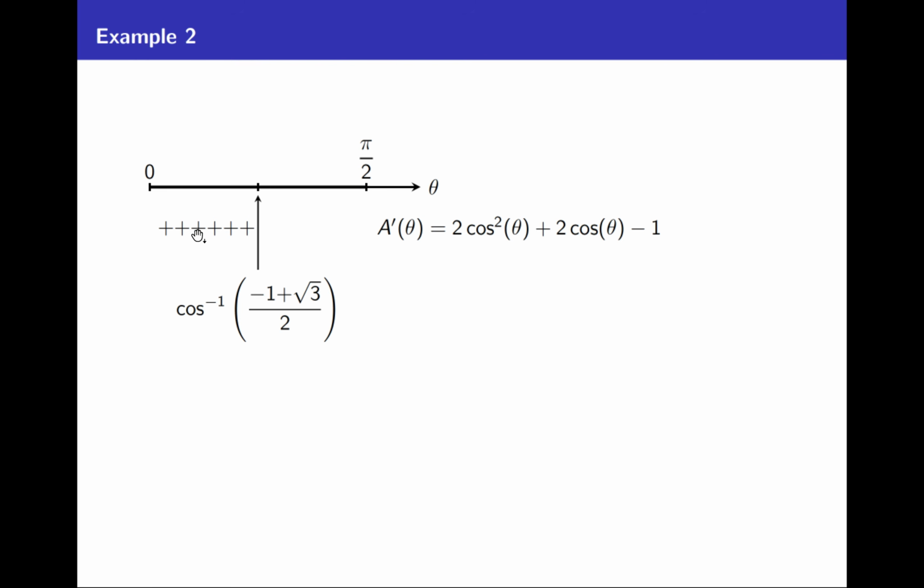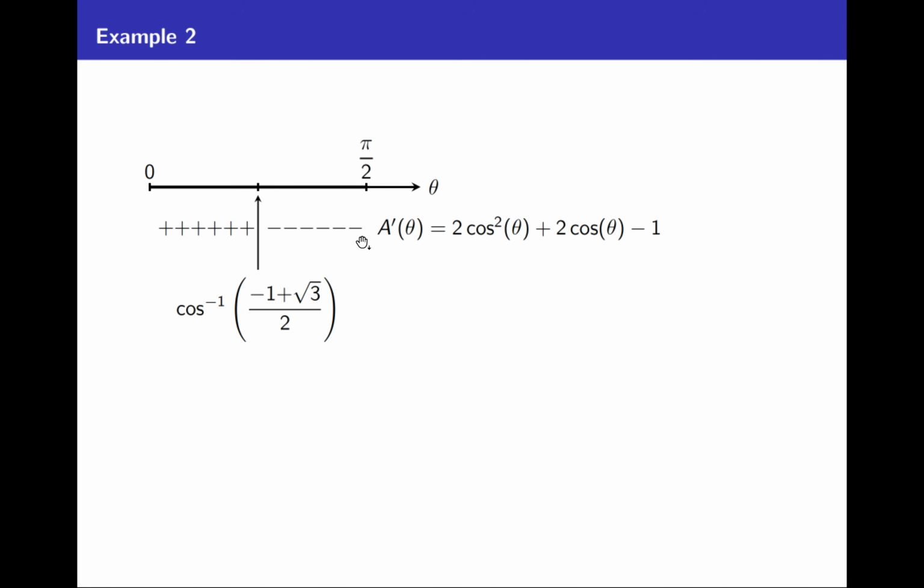So on the left side of our critical point, A prime of theta is positive. On the right side, let's take a test point of pi over 2. A prime of pi over 2: cosine of pi over 2 is 0, so we get 0 plus 0 minus 1. And that's negative. So our derivative A prime will be negative on this side.